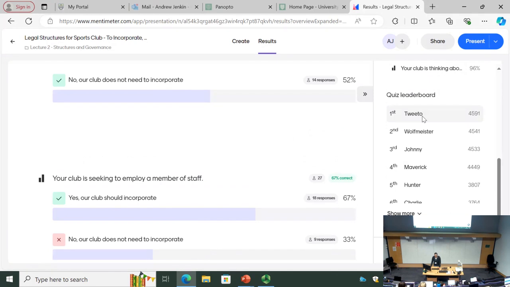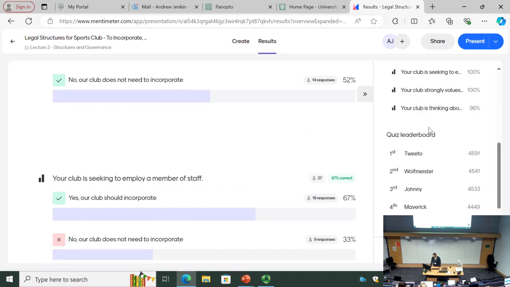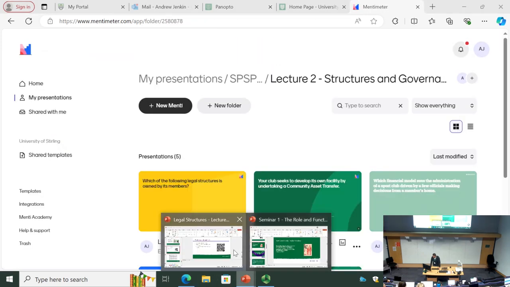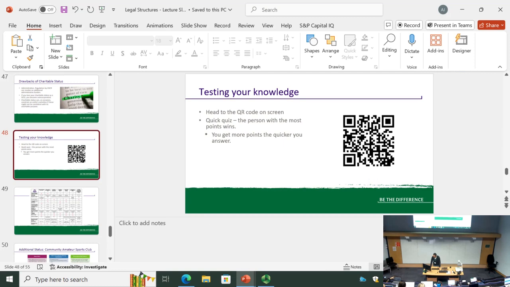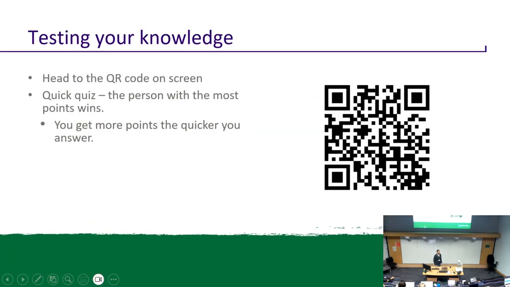Who was Tweeto in the last one? Who was Tweeto? Not the one that we just did, the one before that. Somebody could just flag it right now, and I believe them. Was it yourself? Yeah. Okay. I think the most consistent is Hunter. He's been top 5 in all the places. Yeah, is that you? Okay. If you haven't worked out by now, lectures, 75% of them are just Mentimeter quizzes.